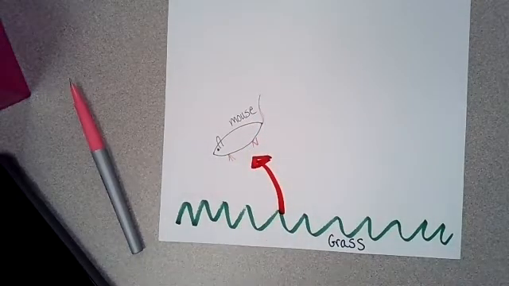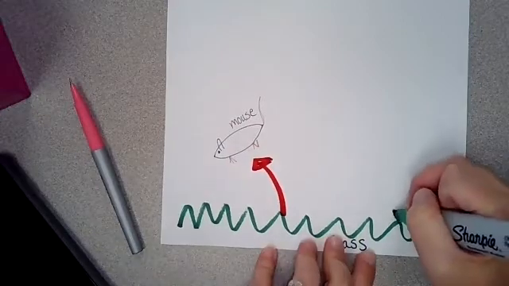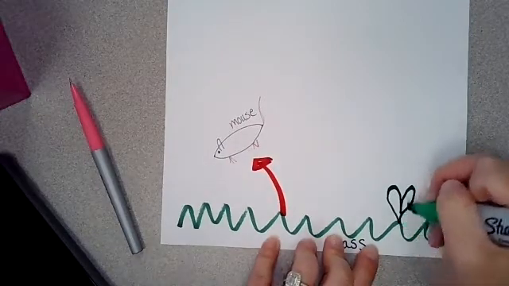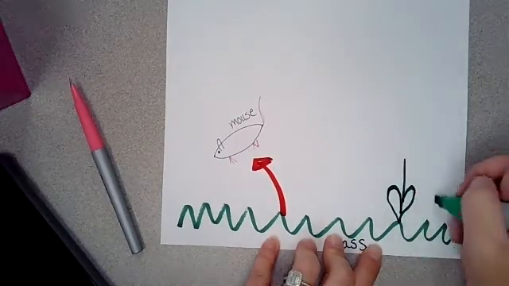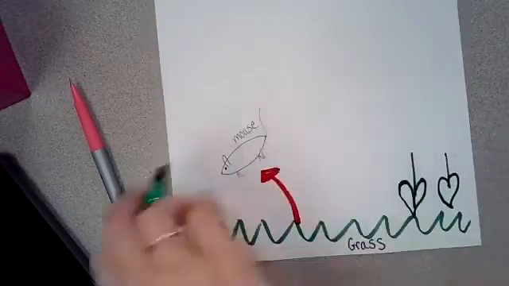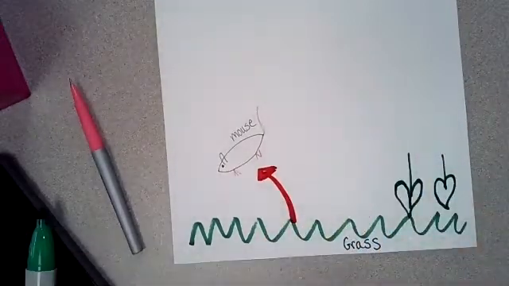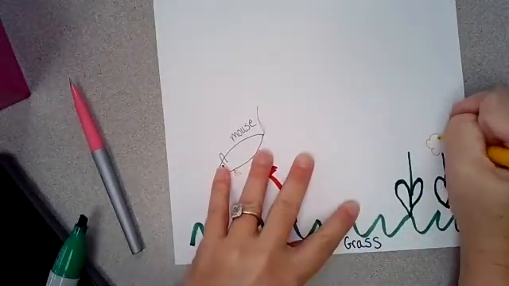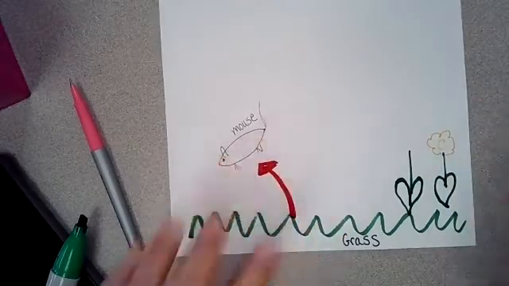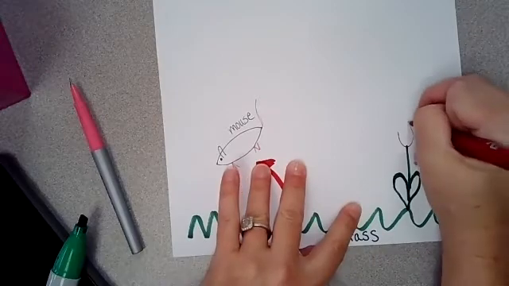Then over here, I want you to draw some wildflowers. I'm going to draw some wildflowers, and another one here. I think I'm going to make this one look like a little daisy, and this one like a little rose. It doesn't have to be beautiful.